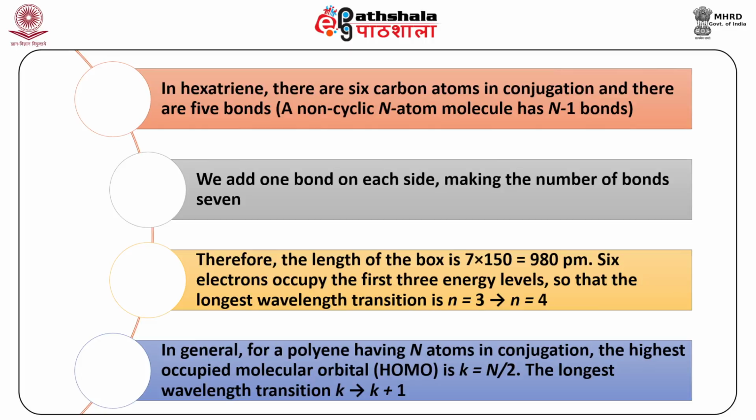In general, for a polyene having n atoms in conjugation, the highest occupied molecular orbital, which is also given the name HOMO, is k is equal to n by 2. The longest wavelength transition will be from this level to the next one, that is from k to k plus 1.